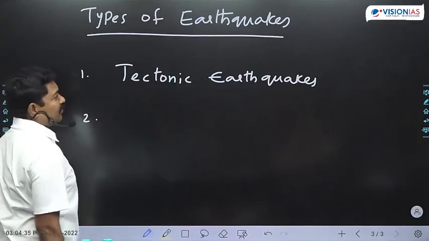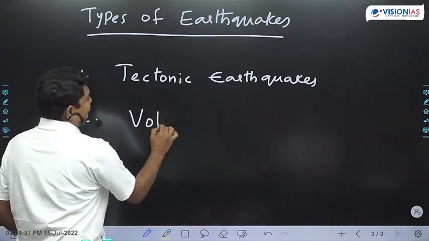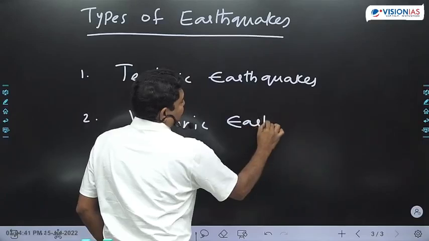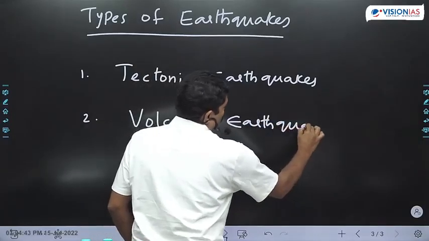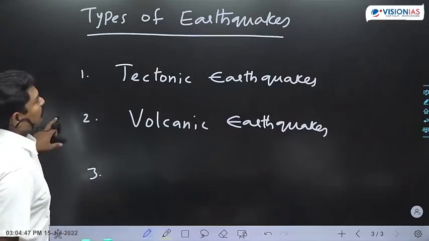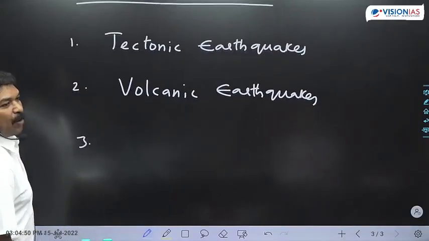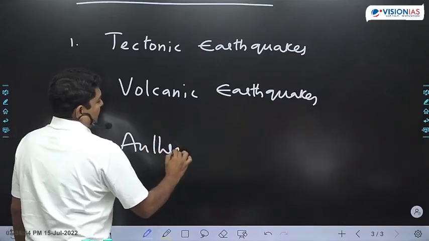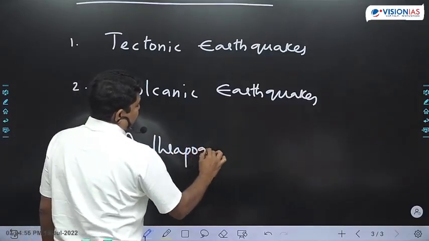After the tectonic earthquake, the next one is called volcanic earthquakes. Then the third one, which is very, very important, is called anthropogenic earthquakes.